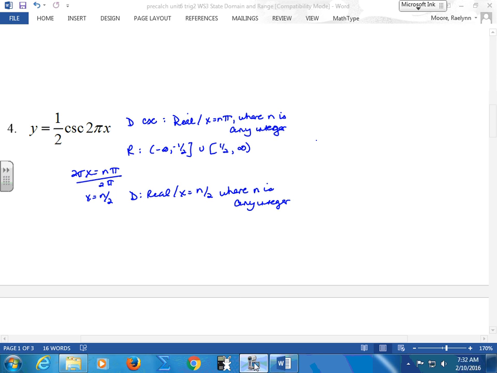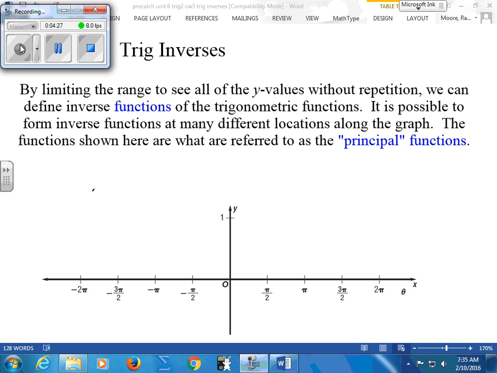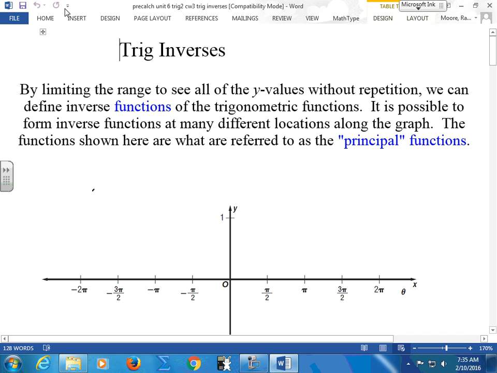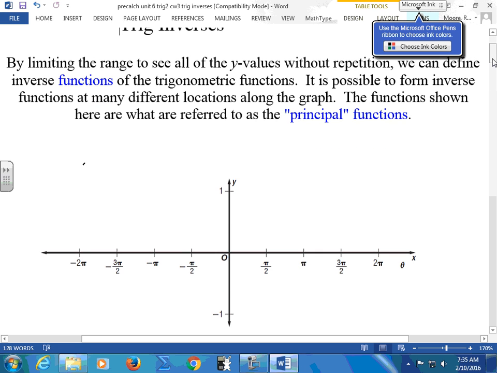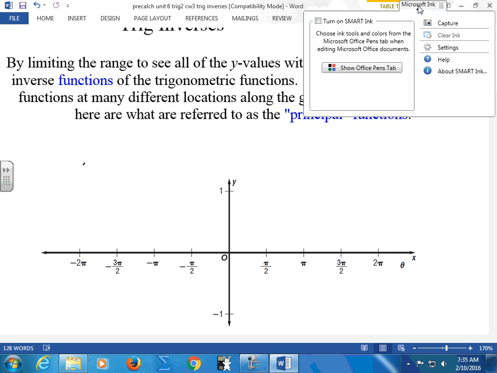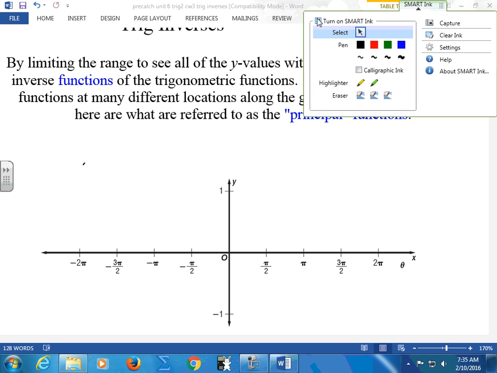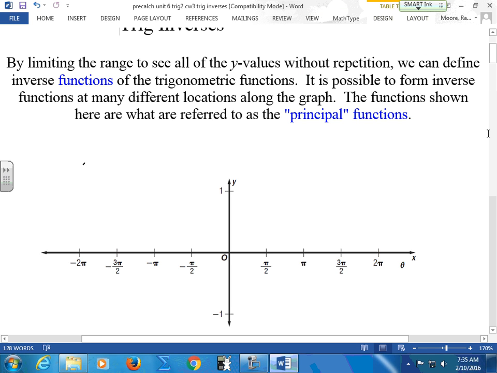Yeah. Okay. No, it's reflected over y equals x. Very good. An inverse is a reflection over the line y equals x. So we have to keep that in mind. Because it's a reflection over the line y equals x, you're going to swap these out.